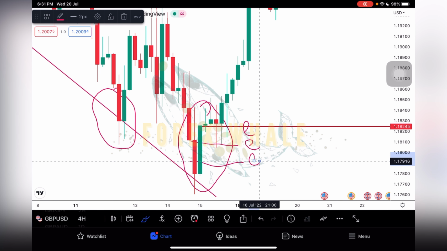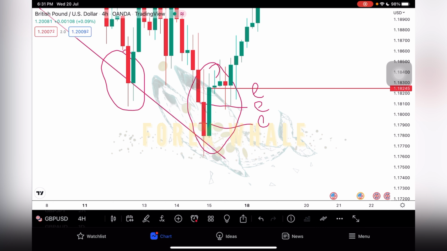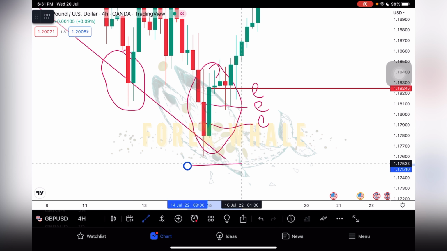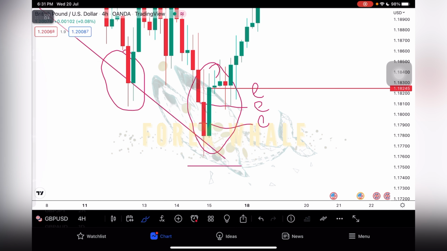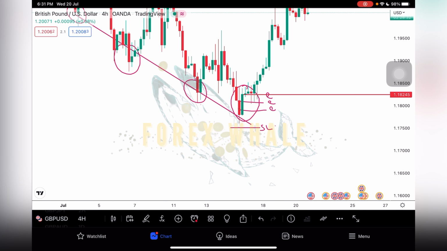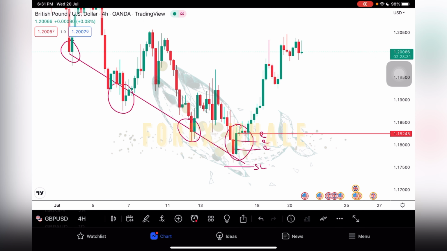And then where's your stop loss? Your stop loss is below the engulfed candlestick, somewhere around here. So here would be your stop loss. Look, it went all the way up 2 to 3 times more than your stop loss. That's fine. That's a good risk to reward ratio.